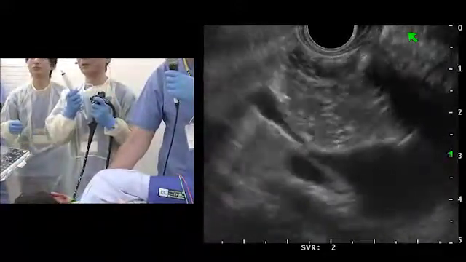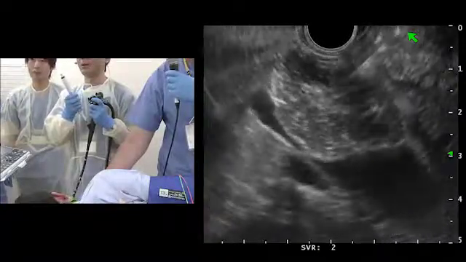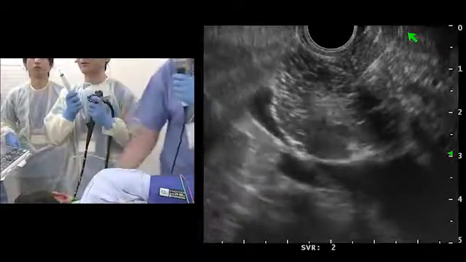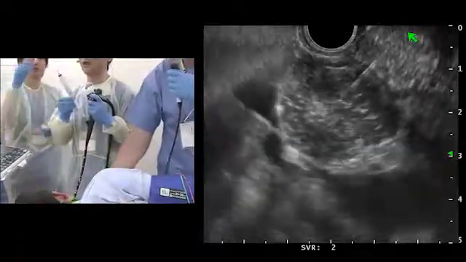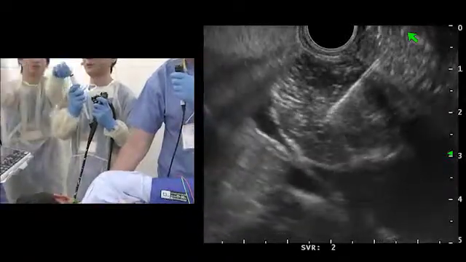Professor Loser, could you tell us about the low echo area at the backside of the tumor? Sorry. Now I puncture, and it is very soft.